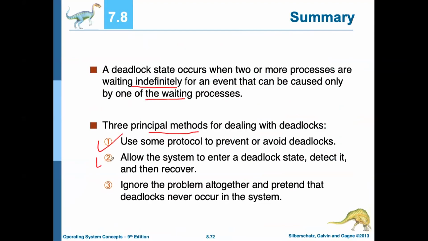Next, allow the system to enter a deadlock state, detect it, and later recover from it. And then next, ignore the problem altogether and pretend that deadlocks never occur in the system.